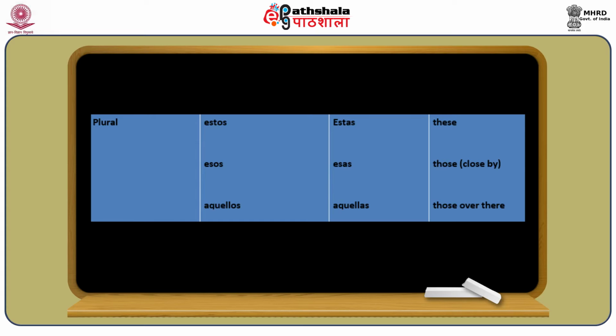And for those over there, for masculine plural we have aquellos, and for feminine plural we have aquellas. Thus estos, estas means these, esos, esas means those close by, and aquellos, aquellas means those over there.